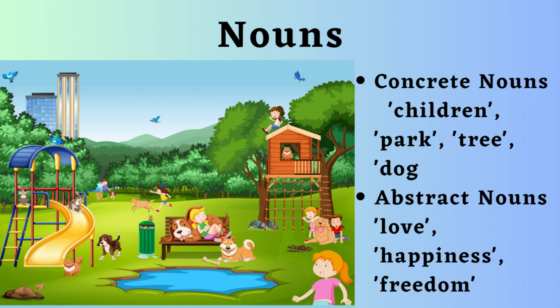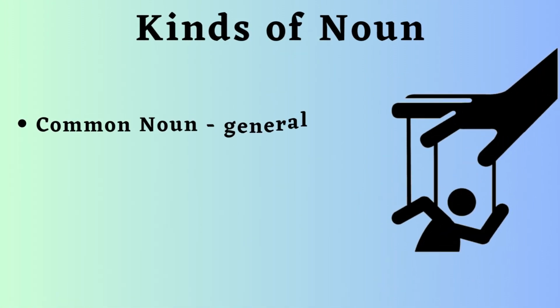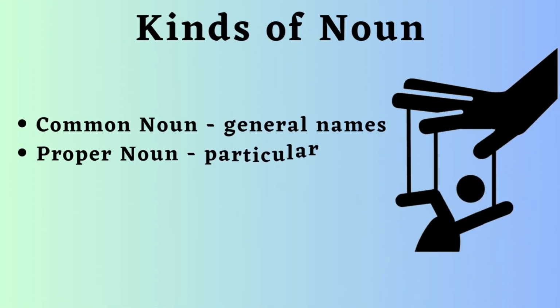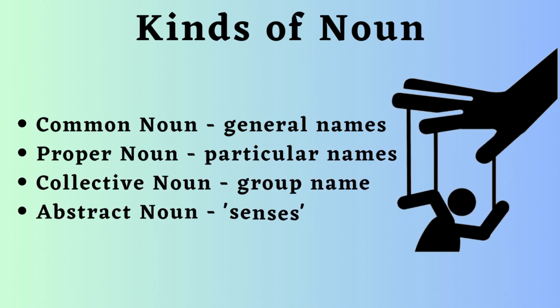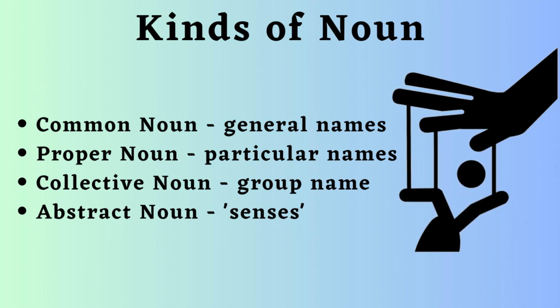Hence, nouns deal with both the tangible and intangible aspects of our world. These nouns can also be categorized into different types. Let's explore some common types of nouns with examples for our understanding.